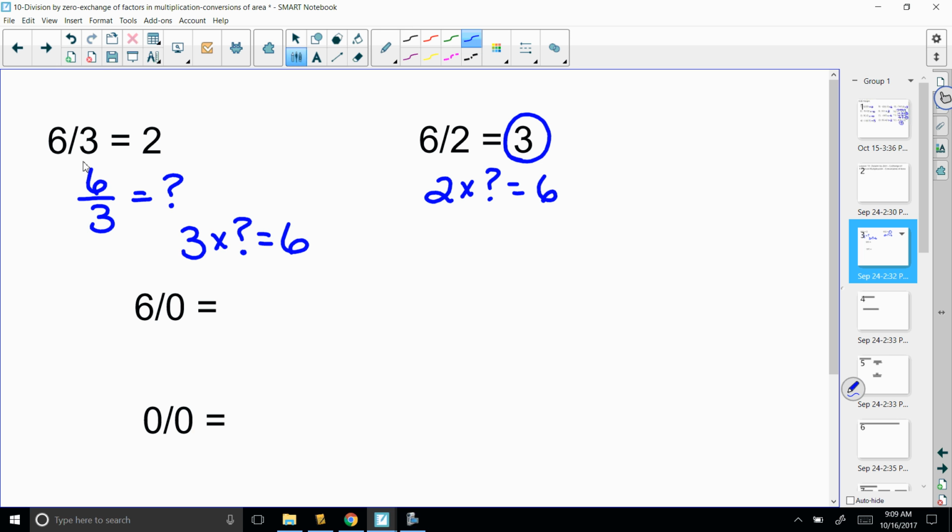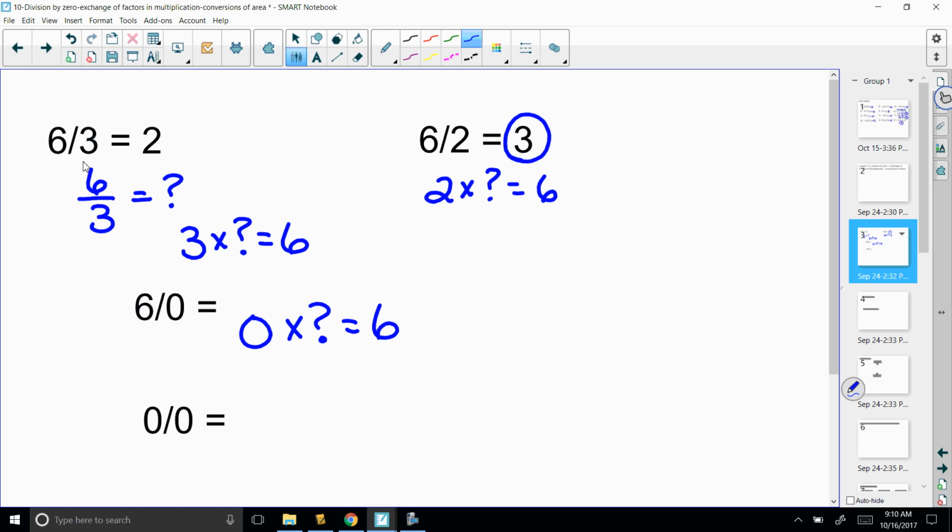But here's the question. What is 6 divided by 0? Is it 0? The question is asking you this: 0 times what value is equal to 6? Well, what do we know when we multiply by 0? You get 0.